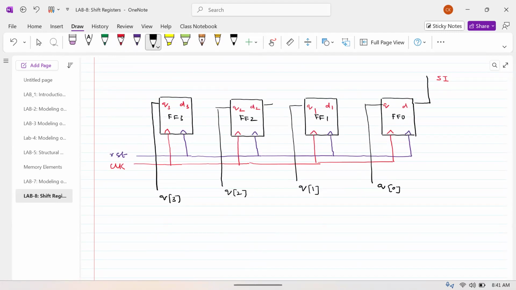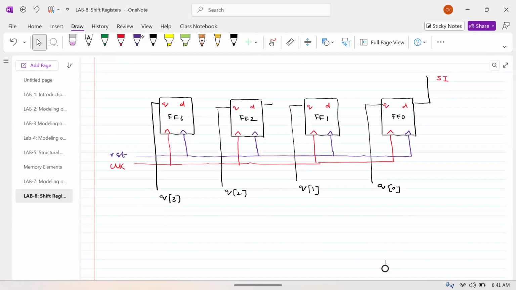D and Q: D is the input, Q is my output. That is what I have defined somewhere, and I'm using it here. Therefore, I have already defined this flip-flop. No need to worry about this. All are D flip-flops with the same input and same output.